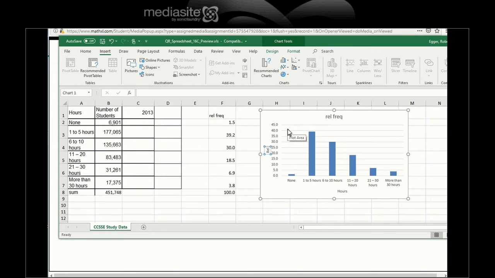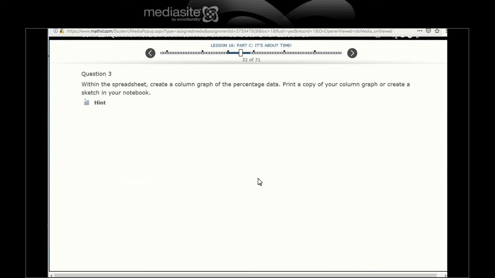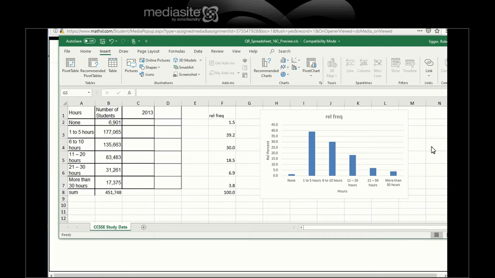Relative percent. And here's the display. Okay, so print a copy or sketch in your notebook.